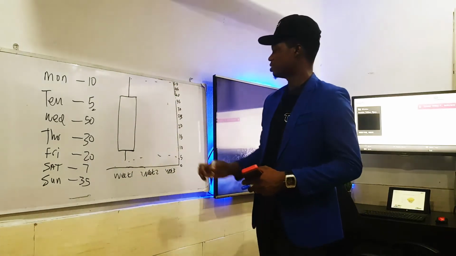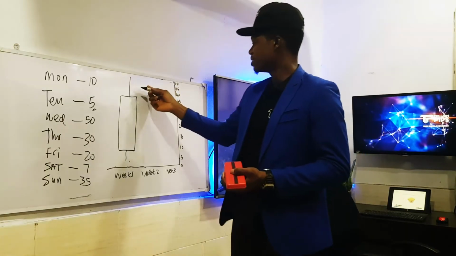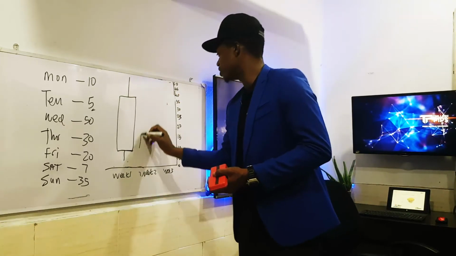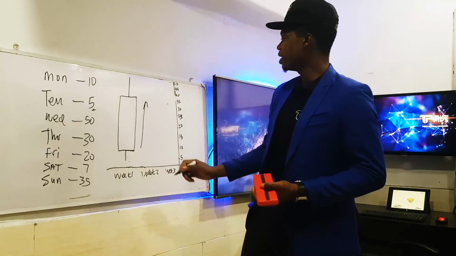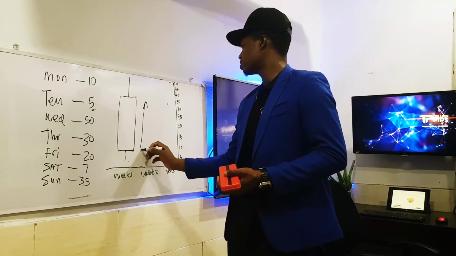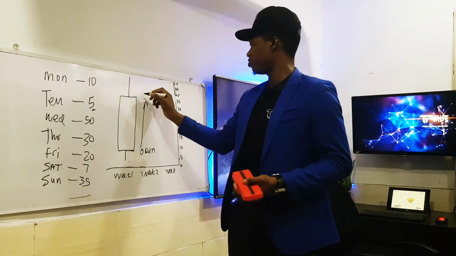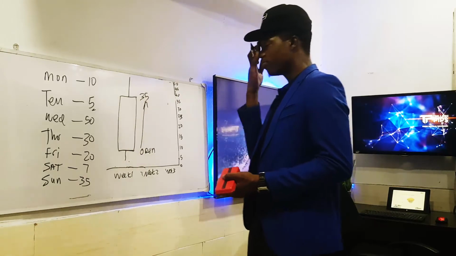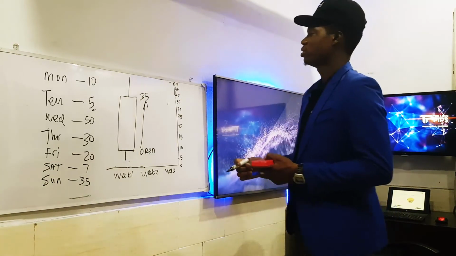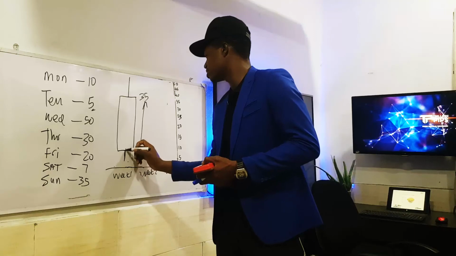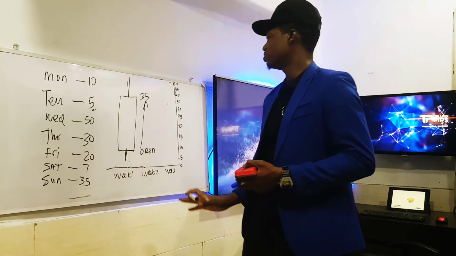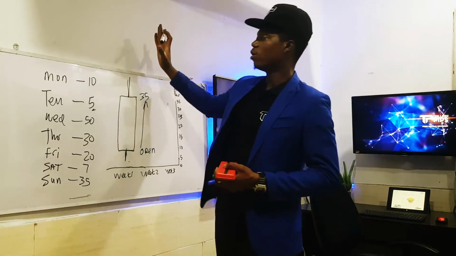If you trace it, you can see we have $5 here. We have $50 here. And this represents a bullish candlestick because the opening price started at $10 and it closed at $35. That means the price moved up. So this is a bullish candlestick. It went up.